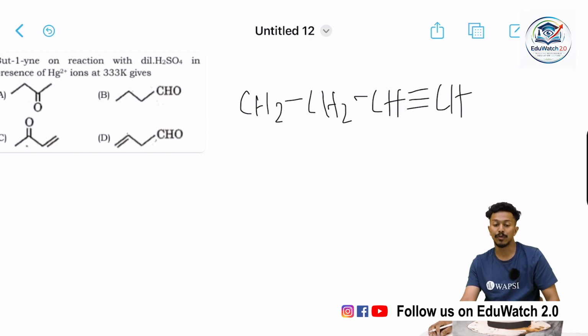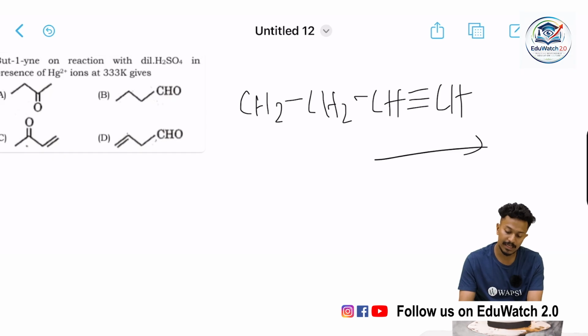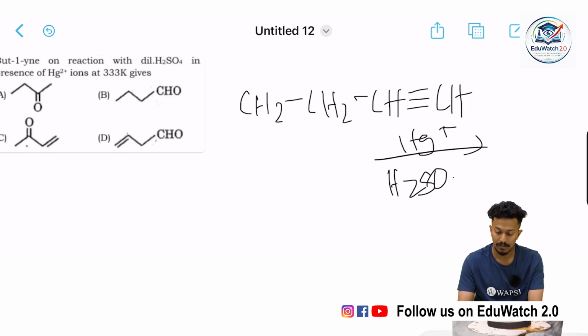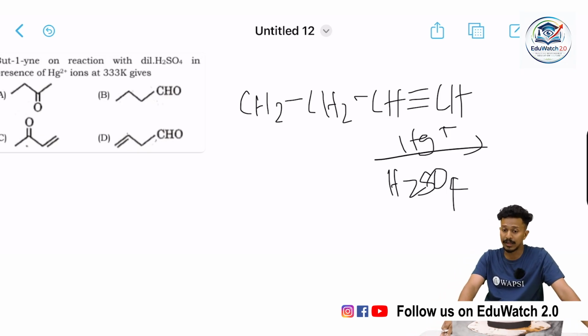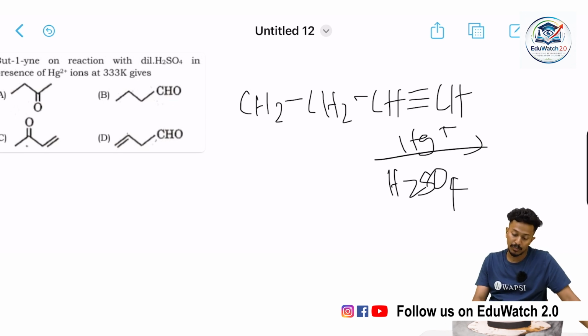Yes. It's an alkyne treated with Hg2+ and H2SO4. This is an acidic hydrolysis or hydration reaction, right? What do we get here? We get OH minus ion.